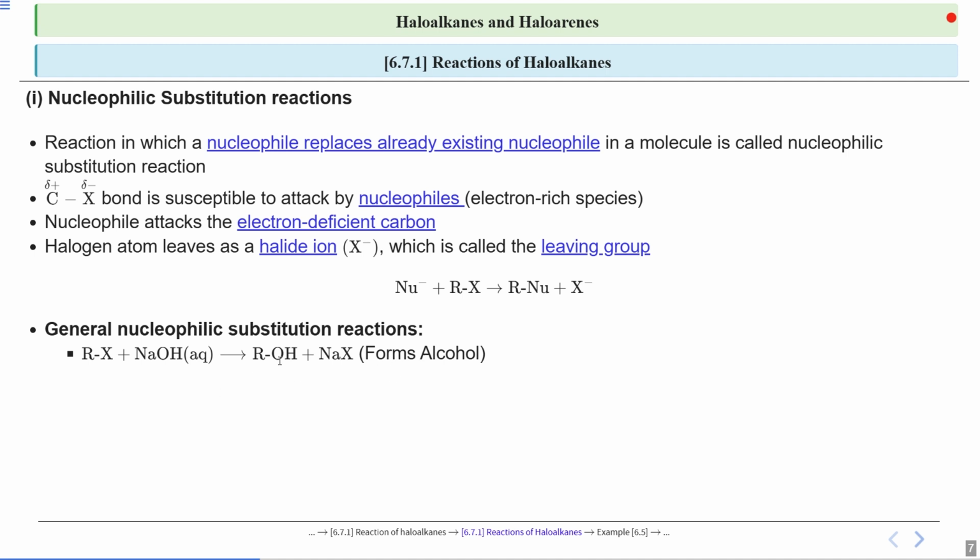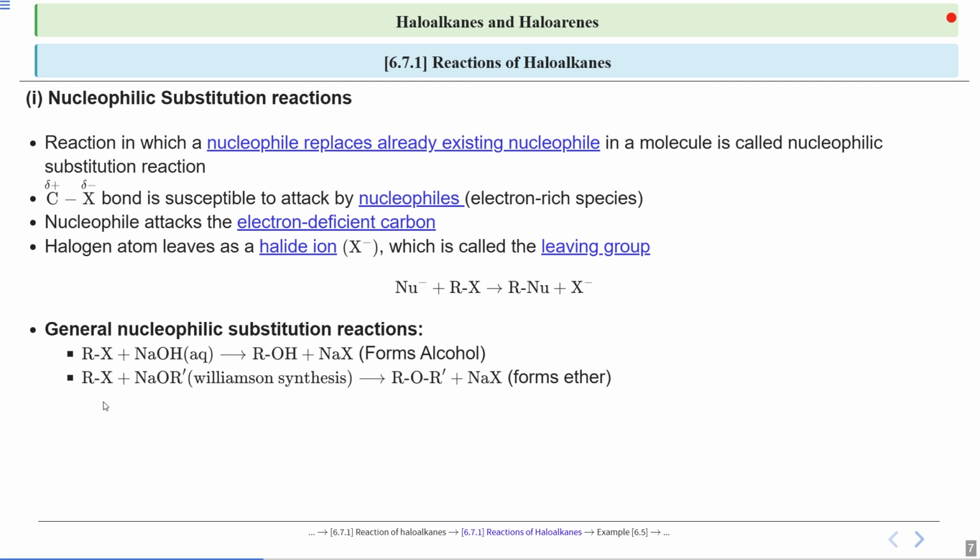This is a nucleophilic substitution reaction shown by the haloalkanes, right? Haloalkanes have a halogen and an alkane group. It is reacting with NaOH, sodium hydroxide, where the hydroxide ion is going to replace the halide ion, and you will get an alcohol plus sodium halide as your side product.